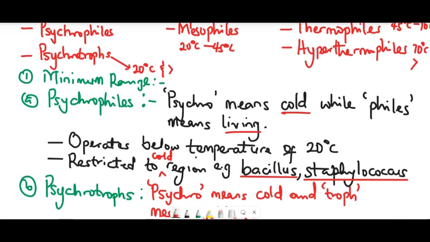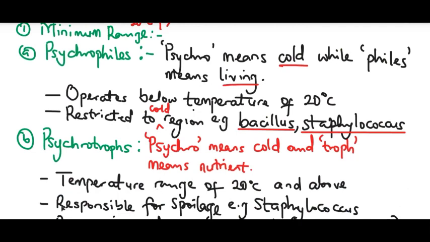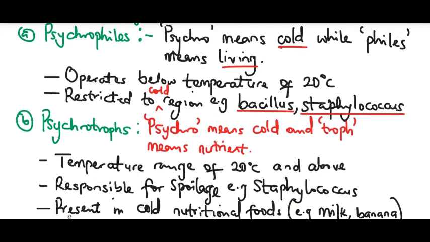So we have the next one being cyclotroph. The word cyclo still means cold, and troph means nutrients. In a word, it means bacteria that live in cold nutritional foods, right? Or that are present in cold nutritional food. Now, what are the features of this kind of bacteria?